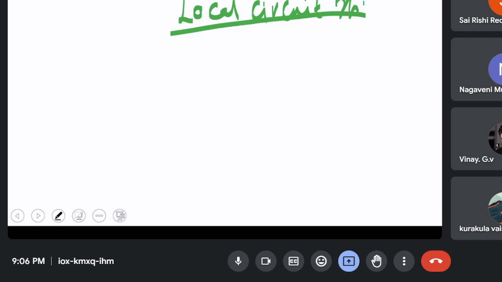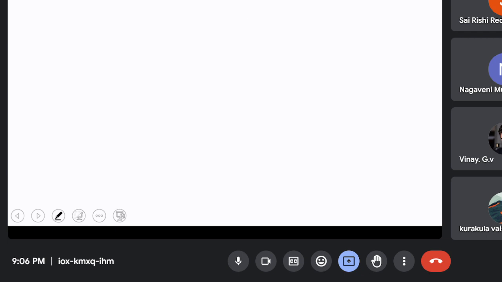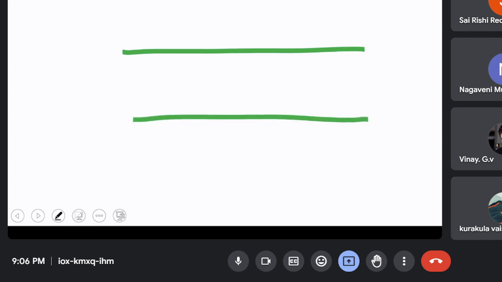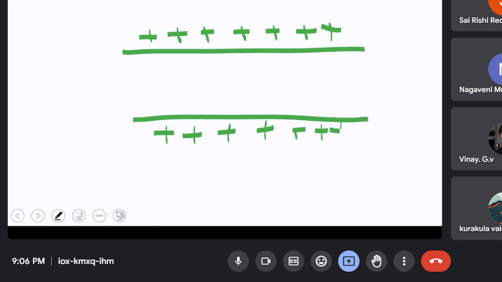So what is the local circuit theory? Here, this is the nerve fiber. There is positivity outside on either side and negativity inside, and we have given a stimulus here at this place.